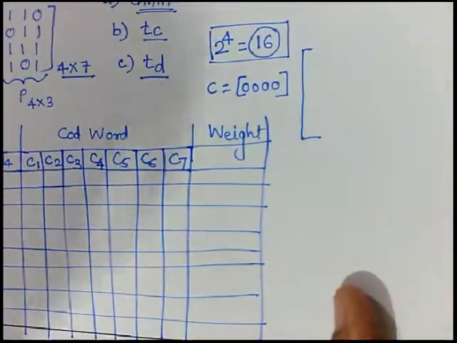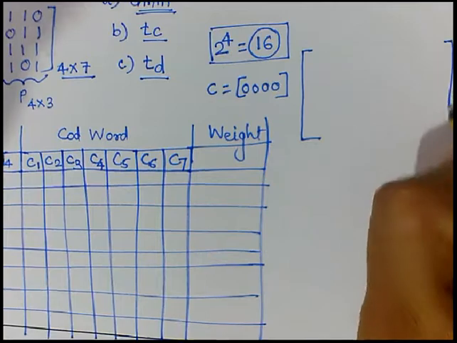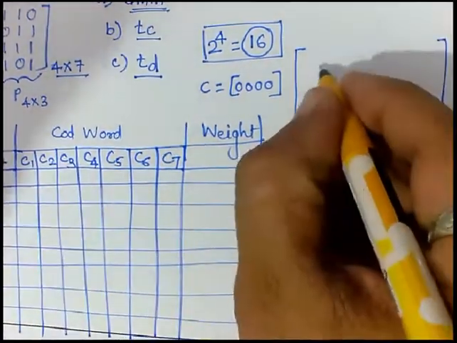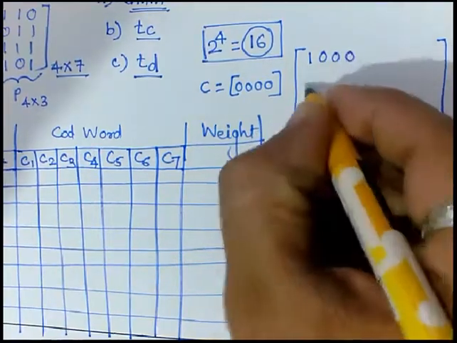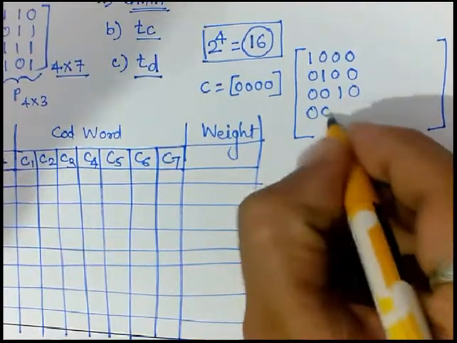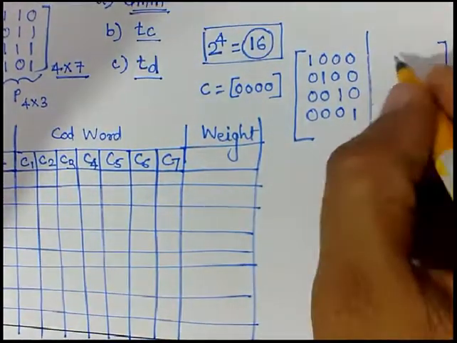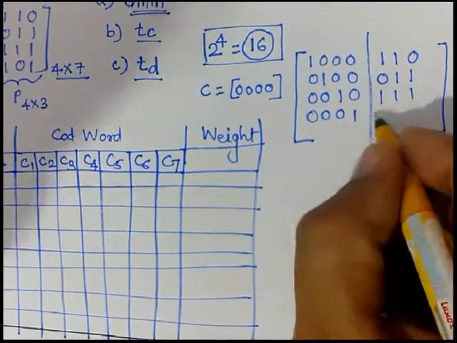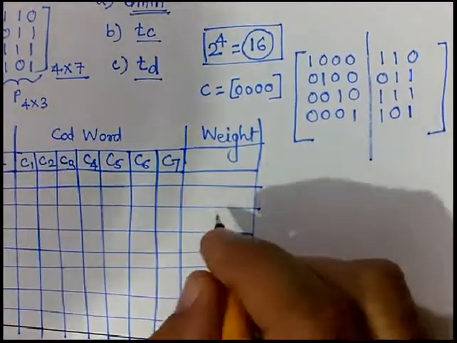Let me just write it here. So this is the generator matrix with which we will multiply. This is 1 0 0 0, and I will just write down the same thing. After that it is 1 1 0, then 0 1 1, 1 1 1, 0 1.